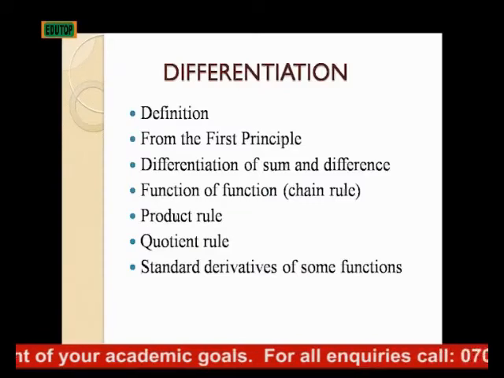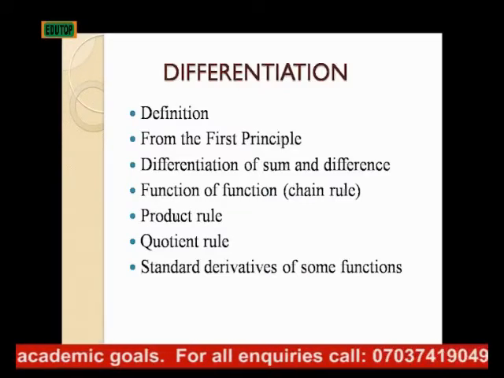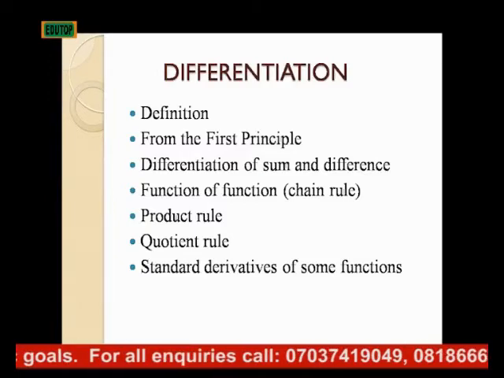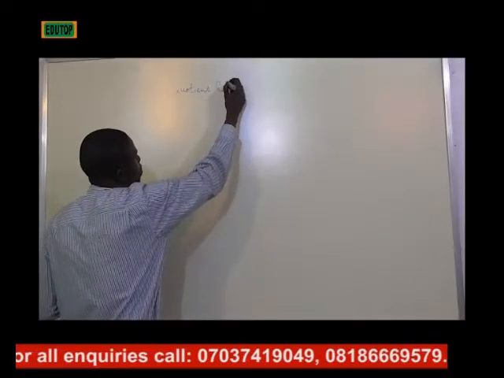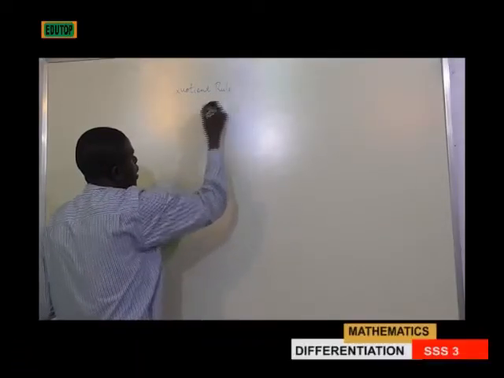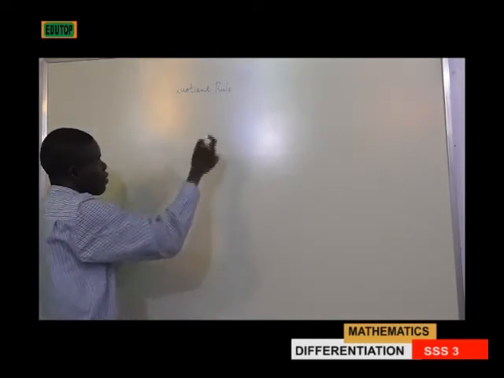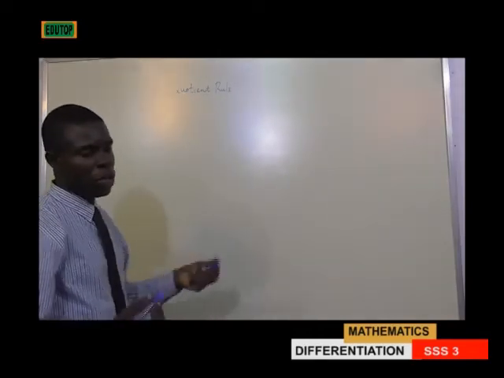Quotient rule. The quotient rule is also related to product rule, but the difference is that you have a division this time around. In the product rule, you have multiplication.